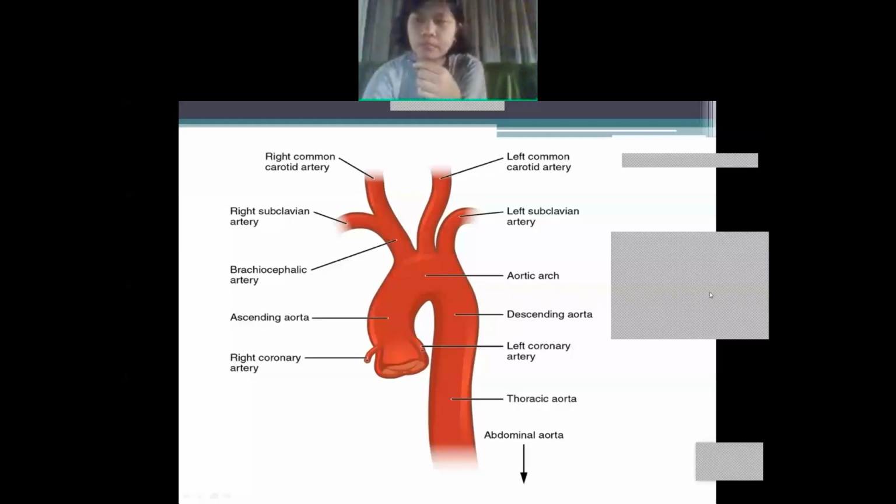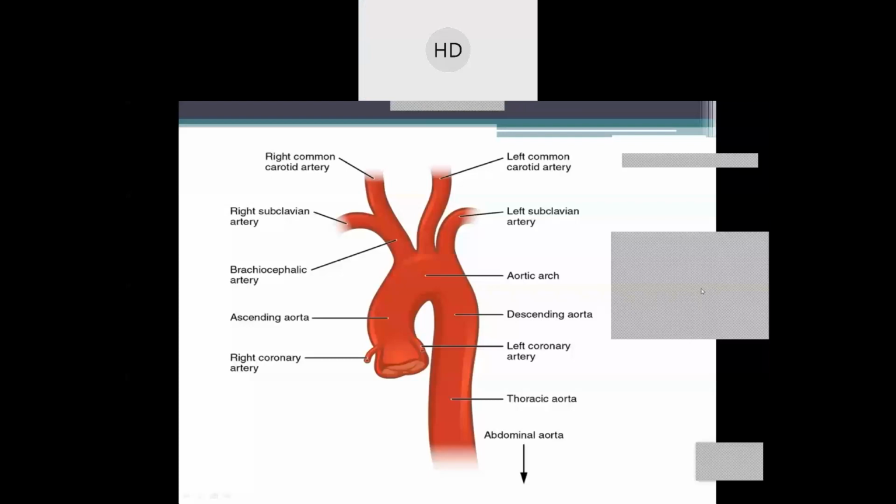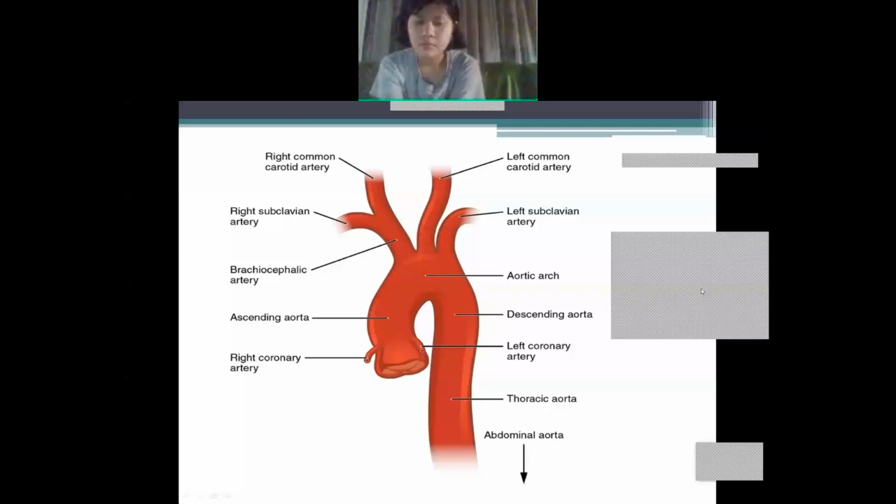Oxygenated blood is what? Wait, I'll ask someone. Sheetal, tell me what is oxygenated blood? Oxygenated blood is what?